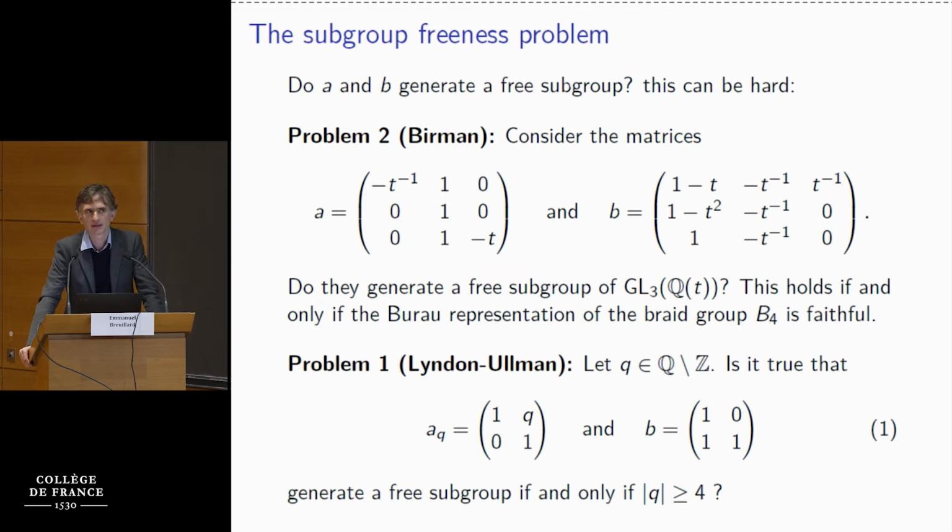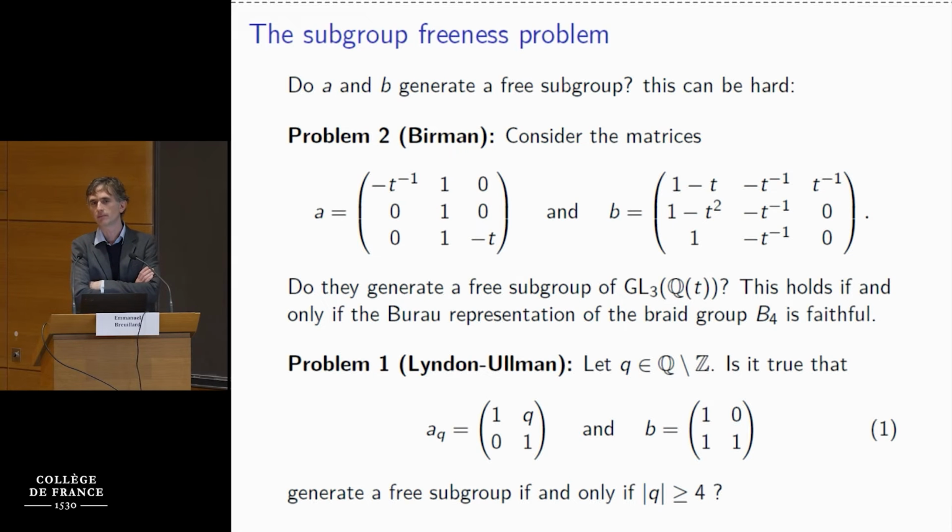And it turns out it can be very difficult to understand when two given matrices generate a free subgroup, and there are famous examples where we don't know. So here is one. It's an example due to John Bierman. It's a famous one because it's related to braid groups and to the linearity of braid groups.